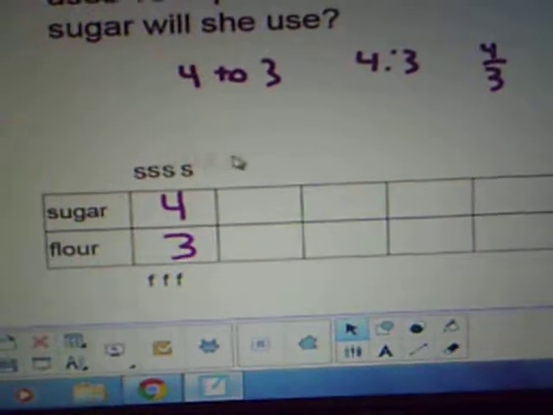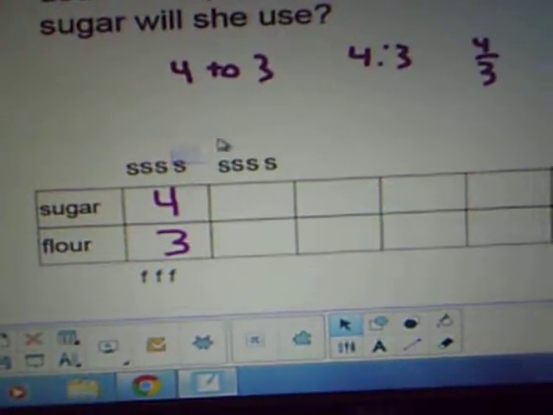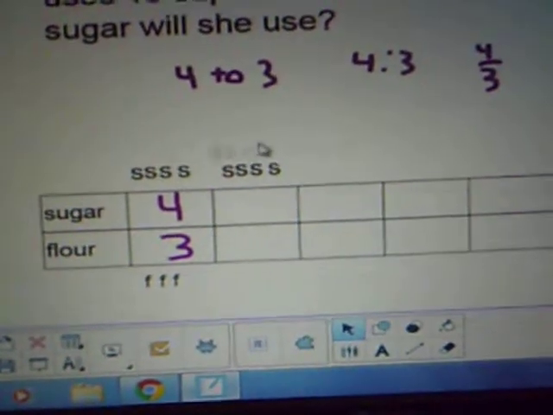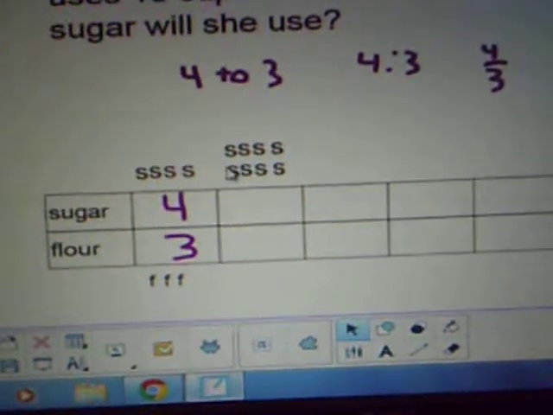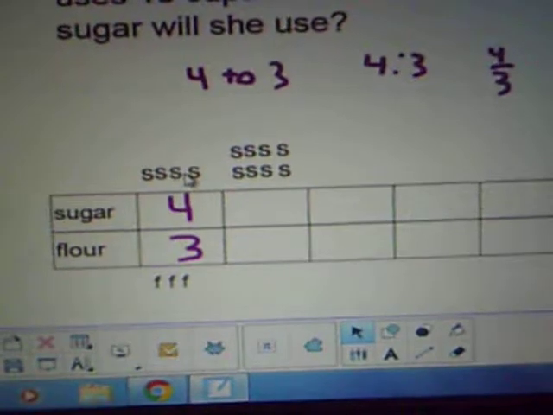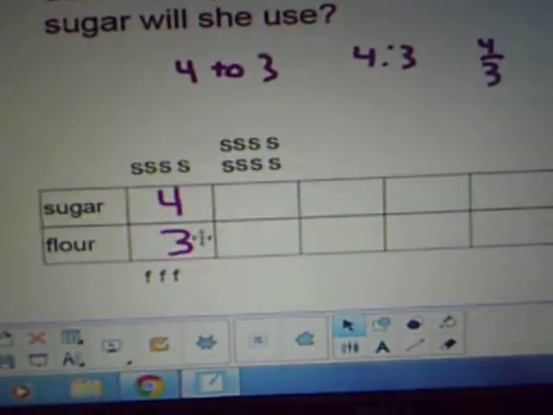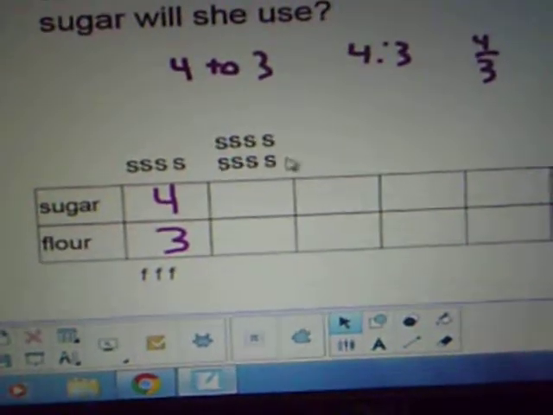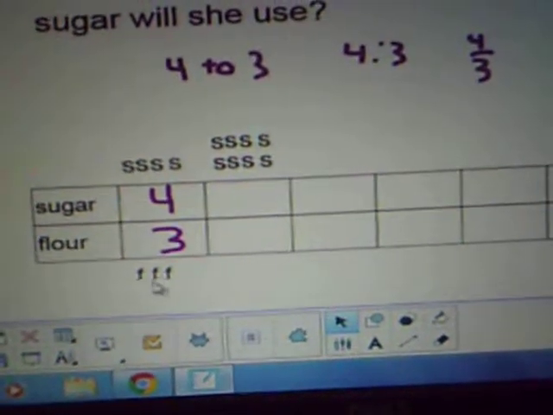Okay, so let's see what happens. I'm going to add 4 more cups of sugar. Now I have 2 sets of 4. Remember, each time I add 4 cups of sugar, I need 3 cups of flour. So for this 4 cups of sugar, I need 3 cups of flour.